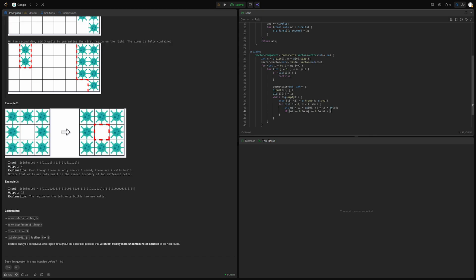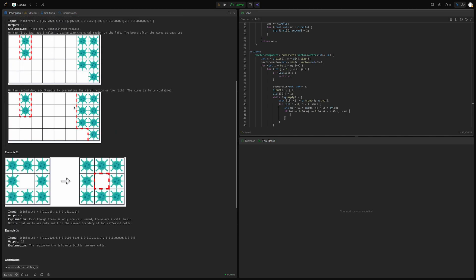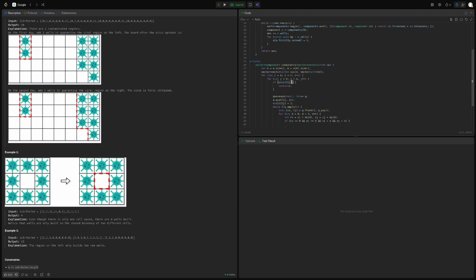I should maybe say what I'm doing, but I'm just running a BFS from every unvisited cell. I just go through this and check: if it's visited or it's 0, then you skip.